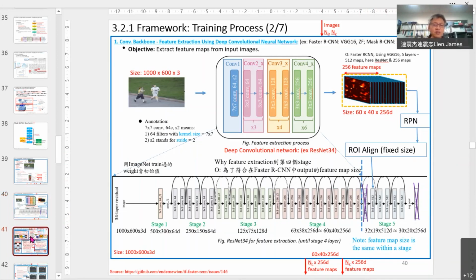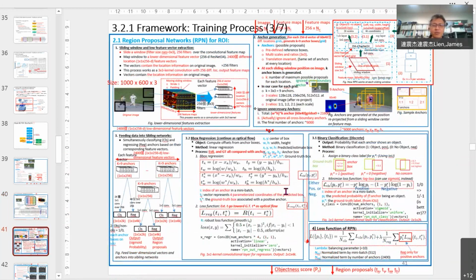It's my experience. And here it's the same as this RPN, region proposal network. You try to roughly, initially detect the bounding box. And what I said, the important thing is the anchor, right? We have an anchor here.